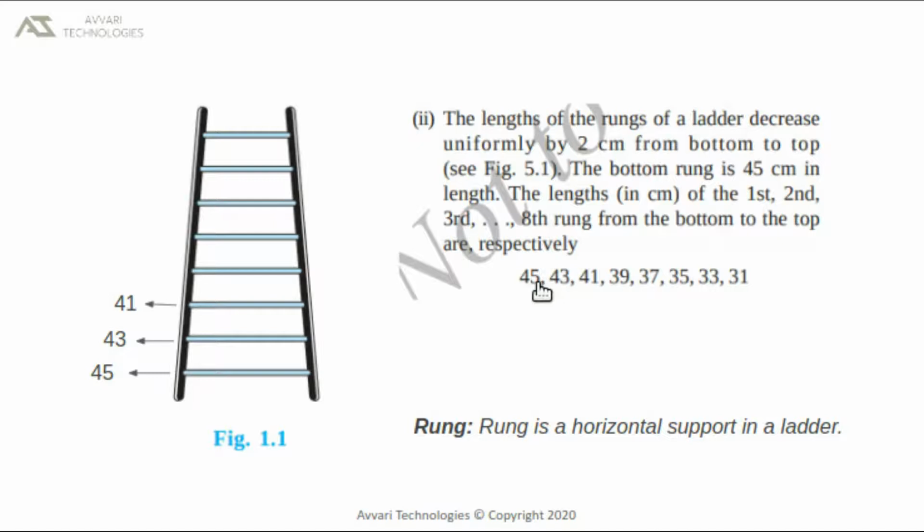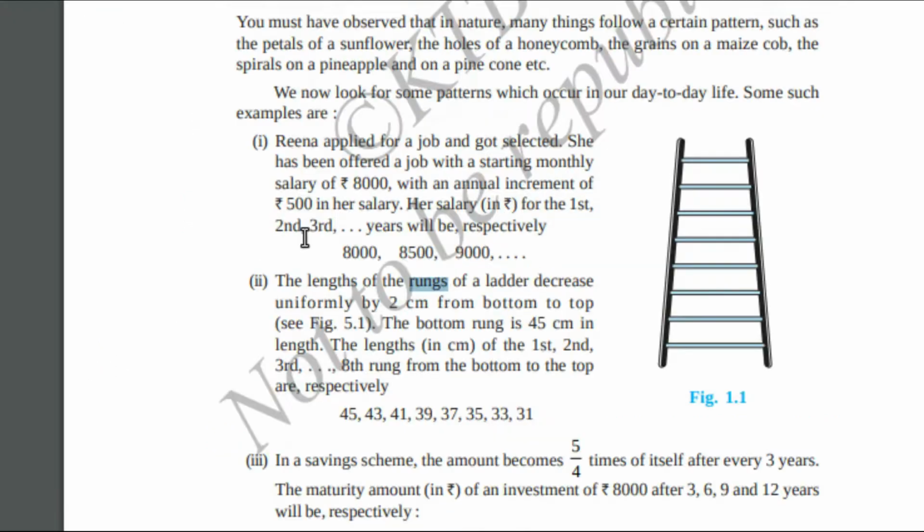Say for instance 45 is our first number, the consecutive number is 43, and the consecutive number of 43 is 41, and so on. Here the starting number is 45 and the common difference is 2 centimeters. These two examples follow the arithmetic progression.